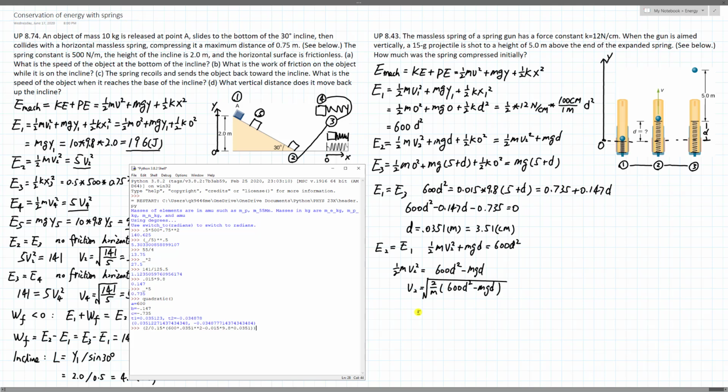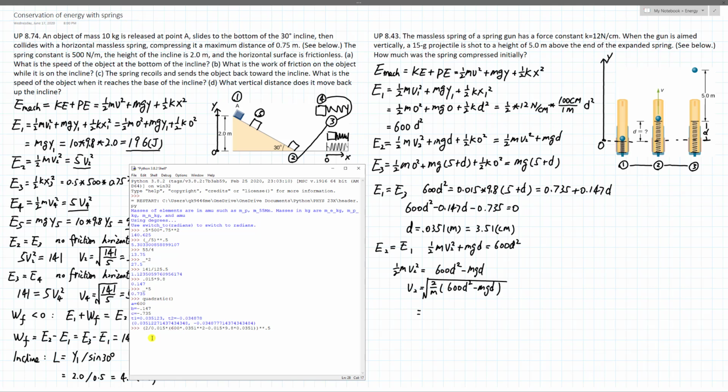And then we also take the square root of that number. So let's check for mistakes. 2 over mass, okay, that's 0.015. Pretty sure I struck the 0, but it's a wireless keyboard.